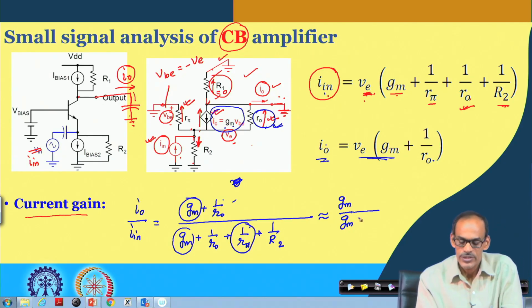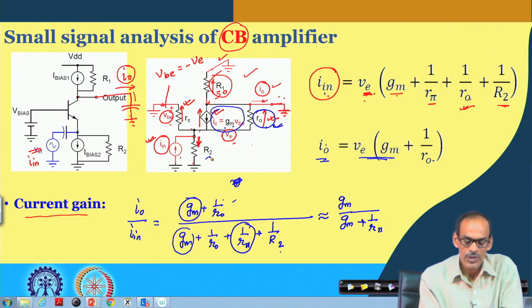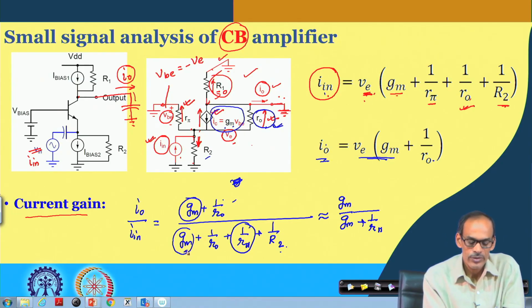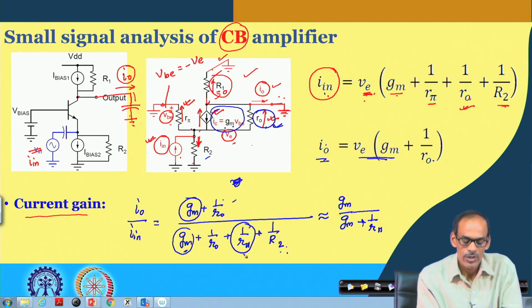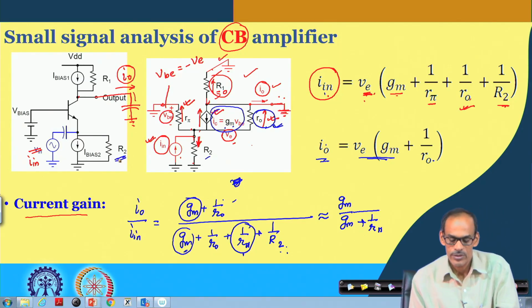So, it will be Gm divided by Gm plus 1 by R pi. Of course, this R 2 can be ignored. Definitely, it can be ignored with respect to Gm, but whether it is ignorable with respect to R pi or not, that depends on what kind of biasing arrangement we have for the emitter terminal.